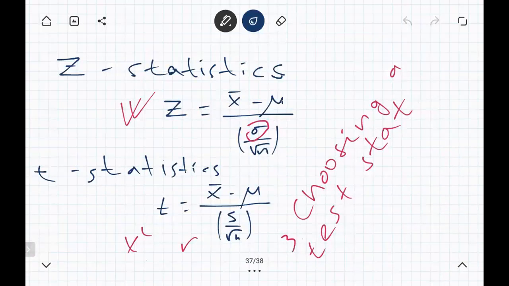So in our case, Z statistics is, our sample mean is 25. Our population mean is 30. So our null hypothesis is 30. And the population standard deviation is 3. And sample size is 1,000.